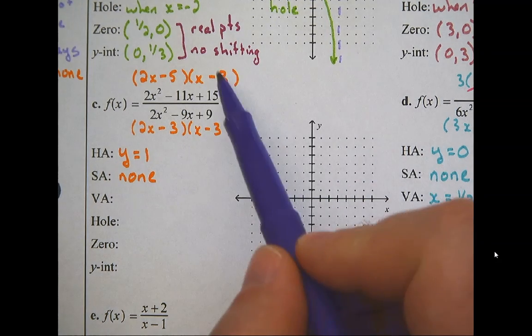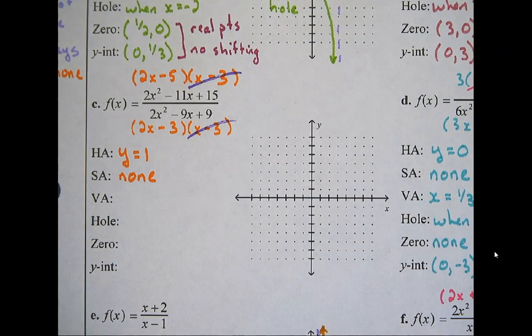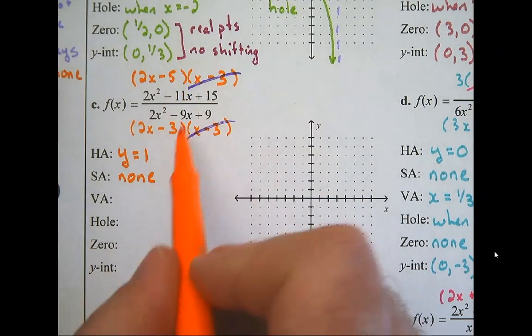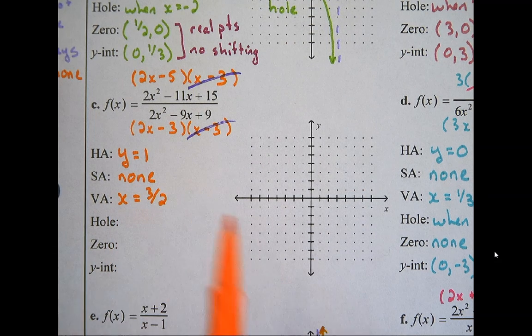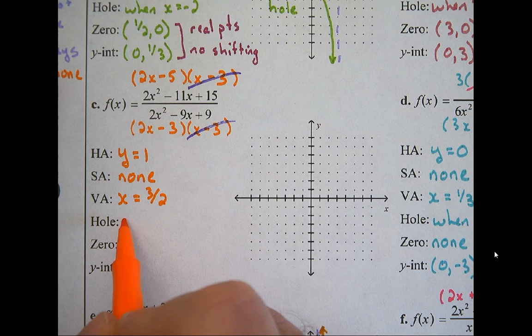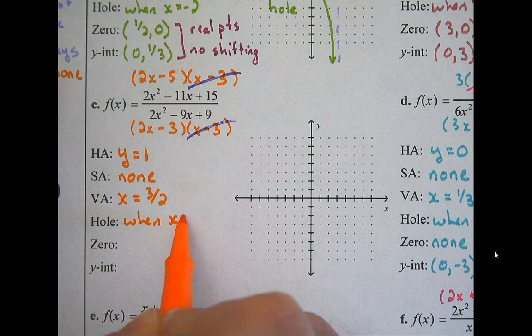I probably should have used purple. All right, VA. Anything on the bottom that doesn't cancel? Yes. X equals 3/2. Does anything cancel? Yes. So we have a hole when x equals 3.